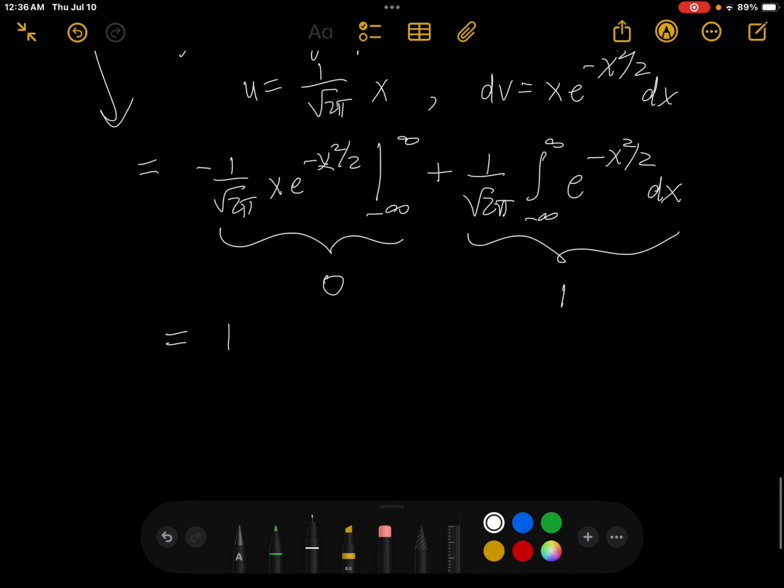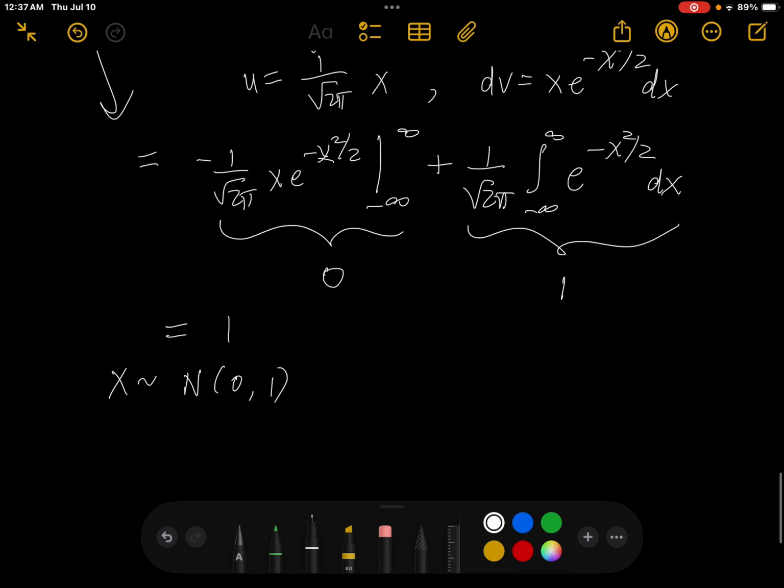Okay, so x, we would say, has normal distribution with mean 0 and variance 1, and that's how we write it, like this. This tilde means that x has the distribution on the right: normal with mean 0 and variance 1.